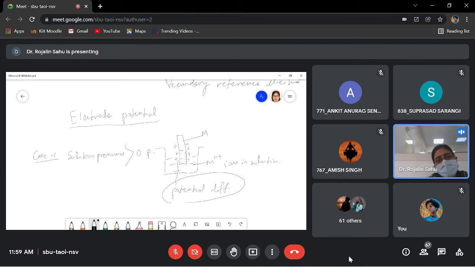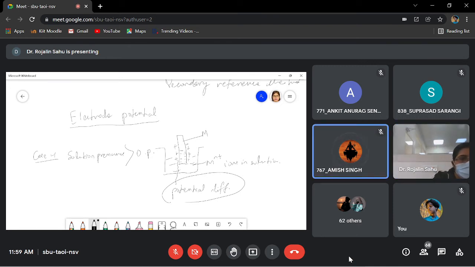When solution pressure is greater than the osmotic pressure, the metal dissolves out into the solution, leaving behind negative charge on the metal strip. The negatively charged strip forms an electrical double layer at the junction with the solution. The potential difference that arises at the junction is called electrode potential. Is it clear?